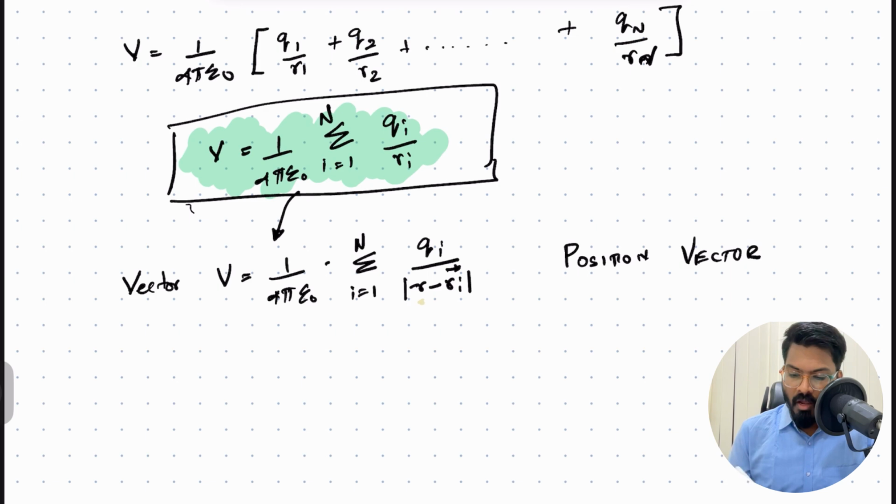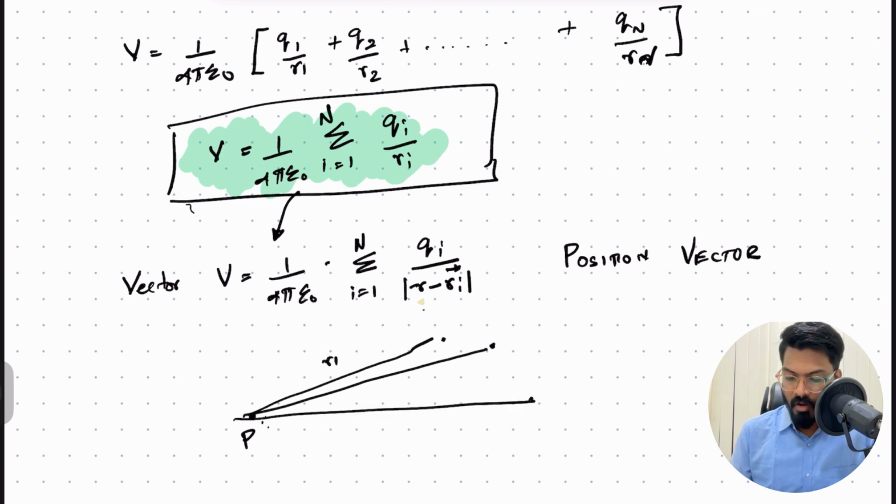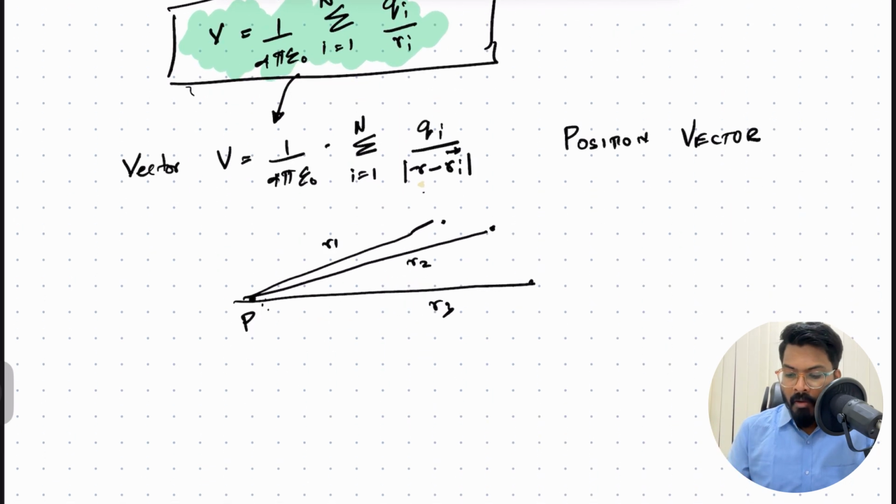What is R? Let's look at this. We want the distance of all the charges from P. Let's call it R1, R2, R3, etc. We don't know this distance. Now what we are rather looking at is, I'm taking this point as the origin here. Now from this origin I'm drawing vectors.